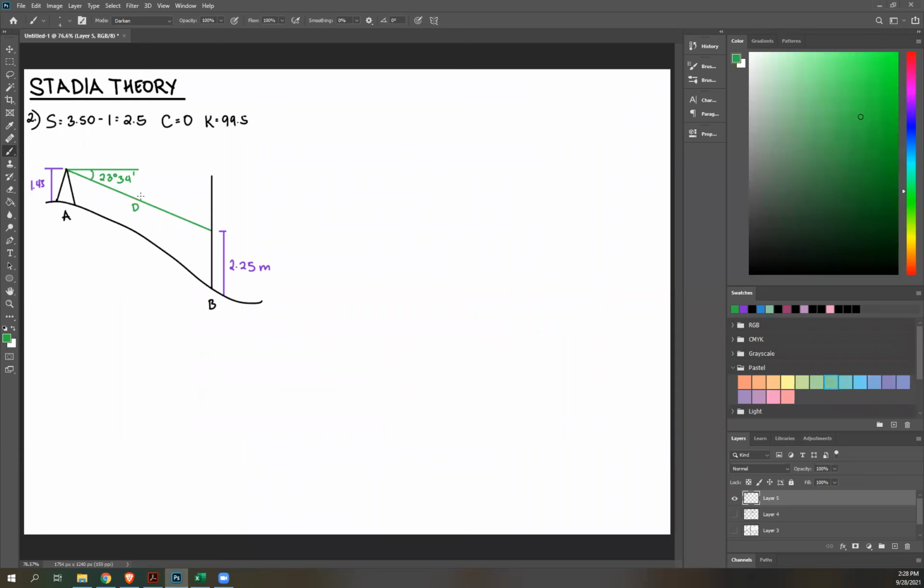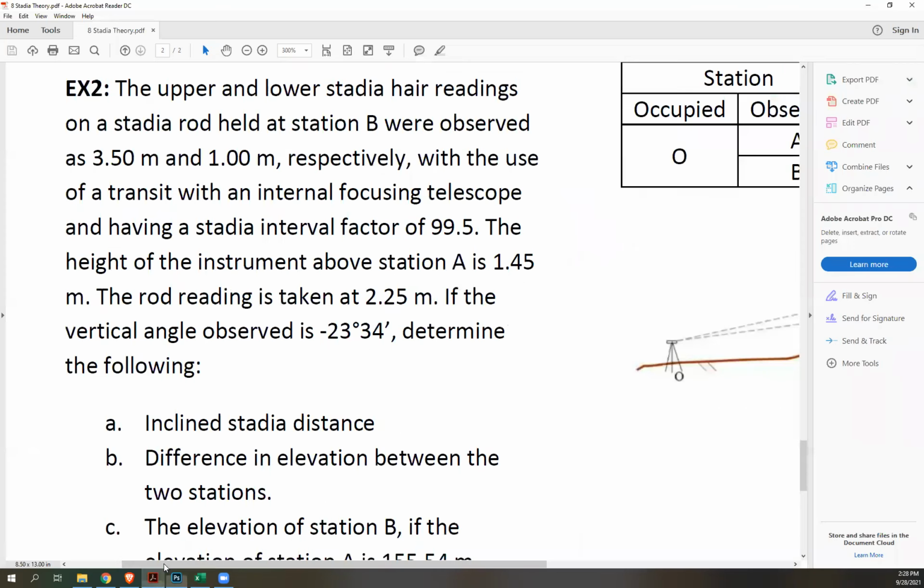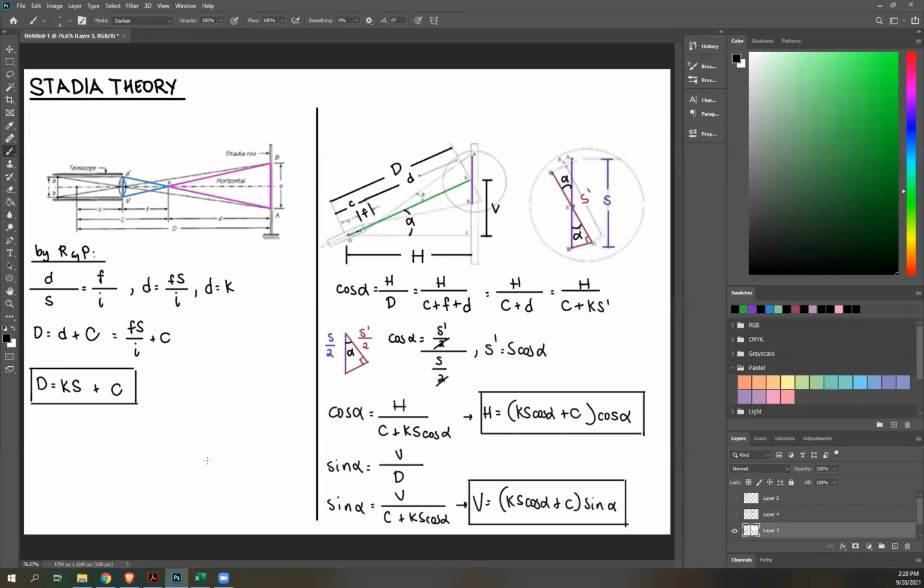To get D, we have an equation for that, right? If you remember, the reason why we did this derivation is so we can get the equations for all the parts. So again, inclined stadia distance is this green line, that's our capital D. We got an equation for that capital D, which is C plus Ks cosine alpha, or Ks cosine alpha plus C. So D, we can use that here.